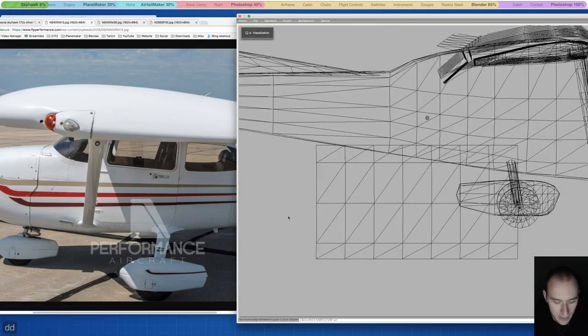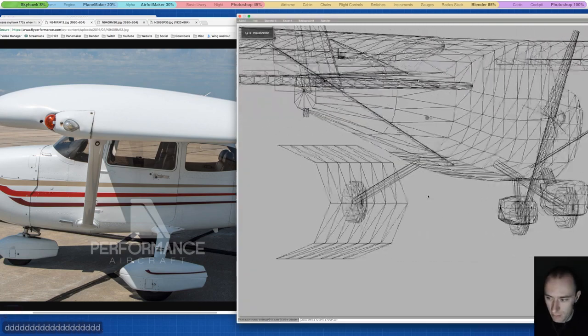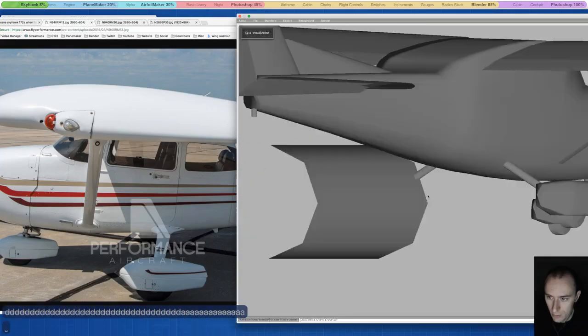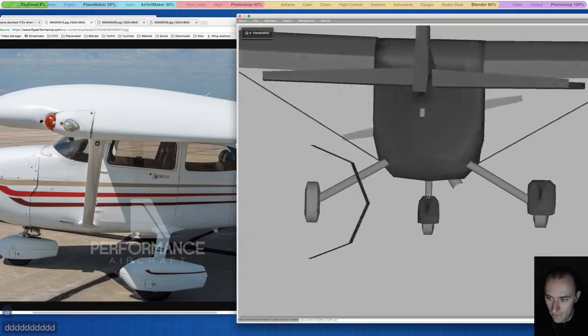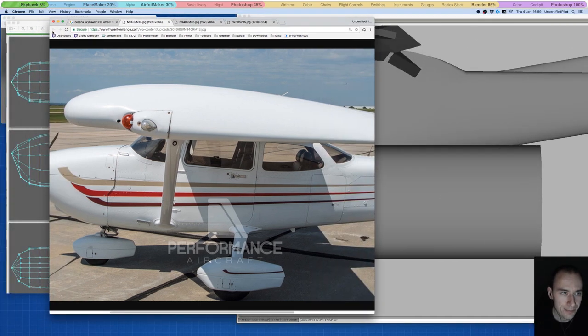I'm quite pleased with this. Save. Yeah, we need to make the other one. It shouldn't be too difficult.